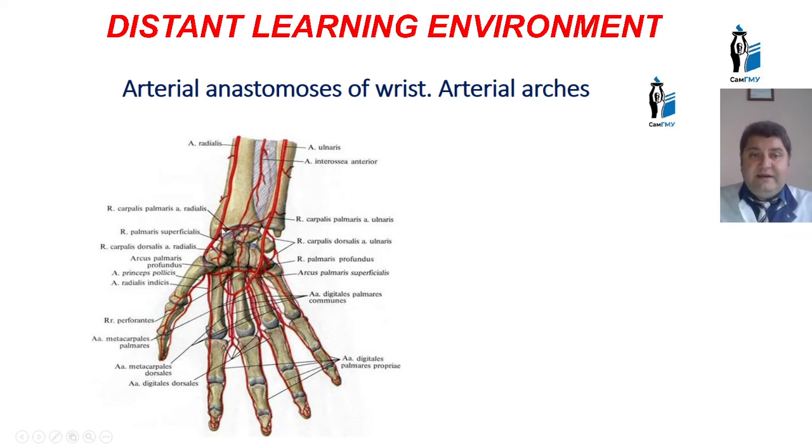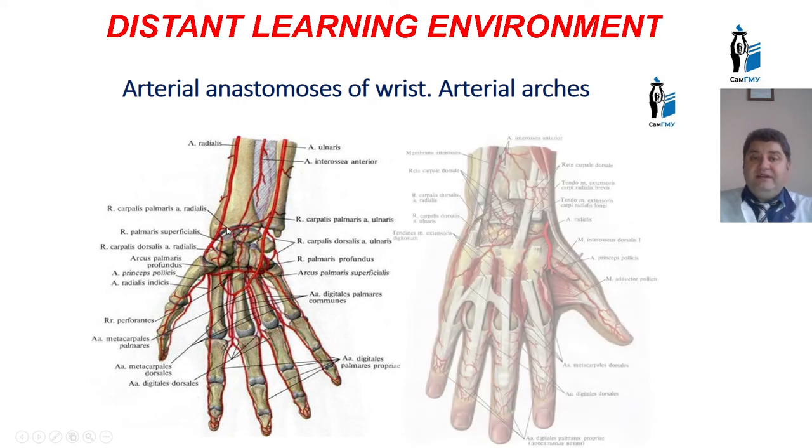These carpal palmar branches take part in the formation of the wrist arterial network, and the anterior interosseous artery also forms a connection with this palmar network.